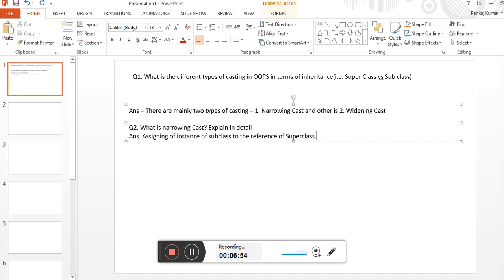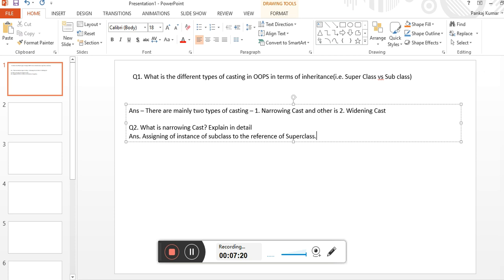When a subclass inherits the superclass, the subclass has more information because it inherits all the properties and methods, plus its own extra methods as well. So the subclass has wider information than the superclass.